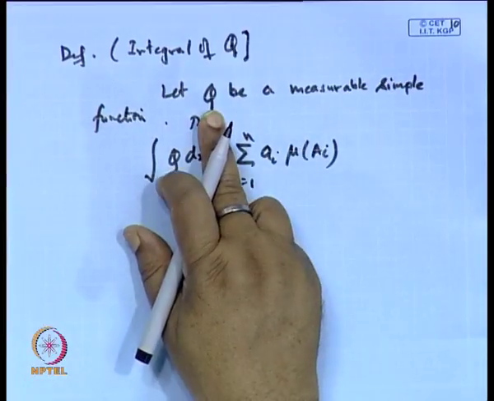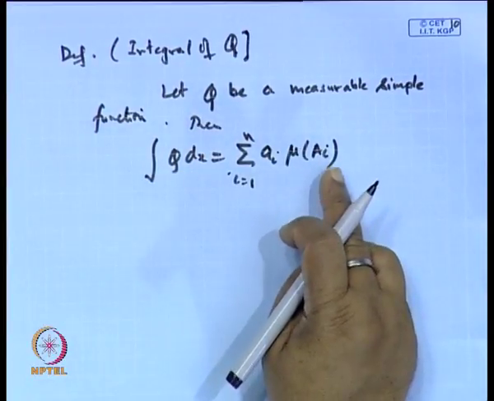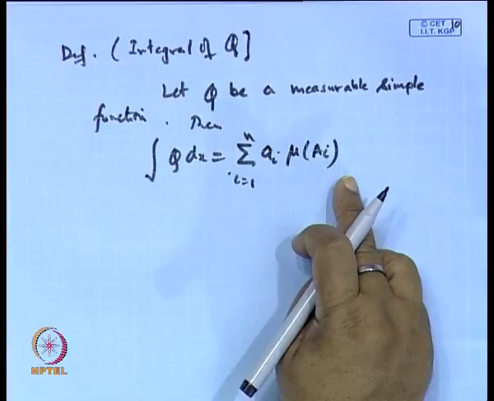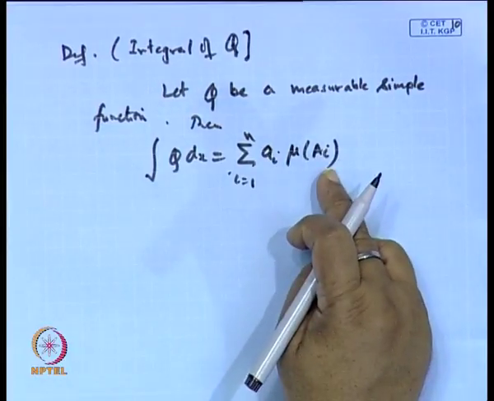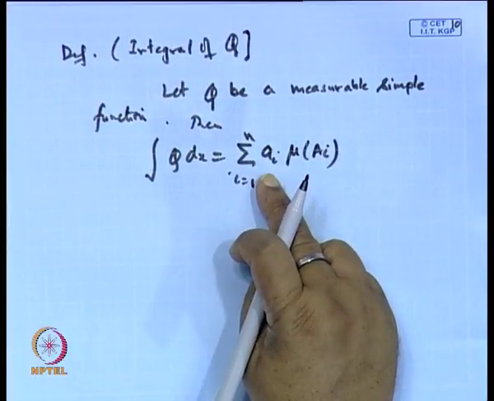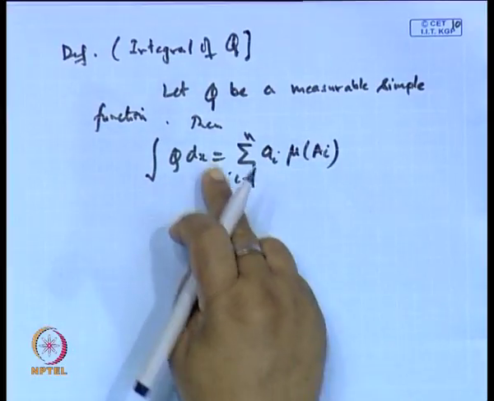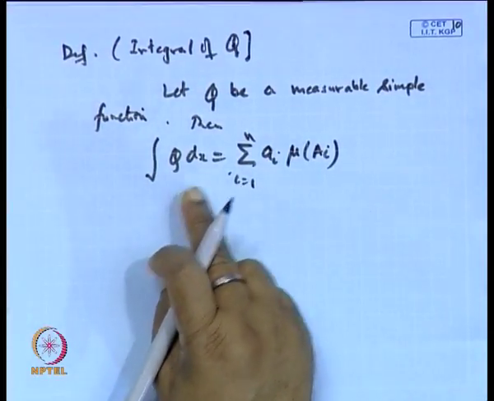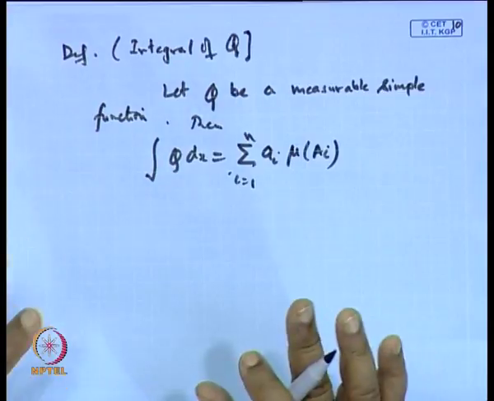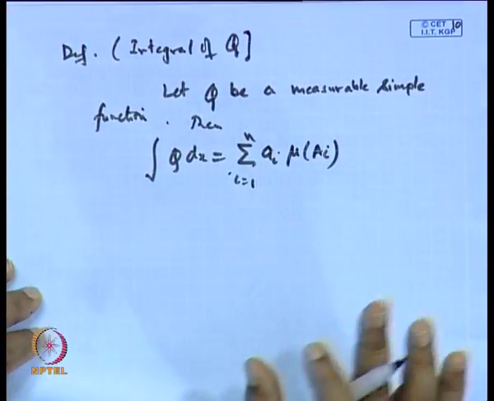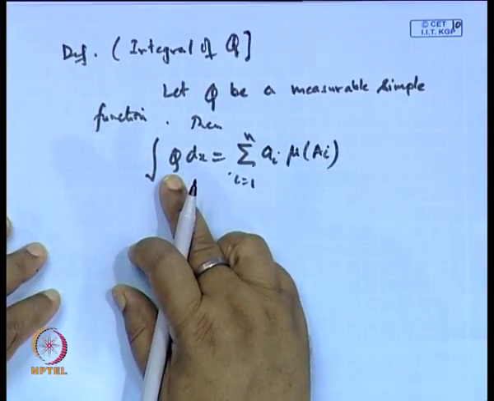If phi is a measurable function, A i is a measurable set. So, the measure of the set A i can be computed, and when we multiply by the corresponding values a i and take the summation, it will give the value of the integral of phi dx over the range. Then this we call the integral of phi.